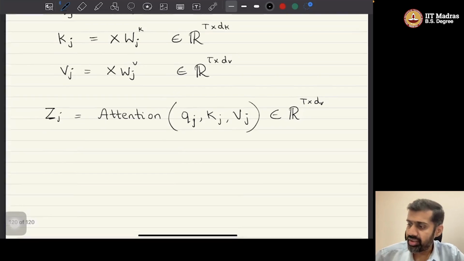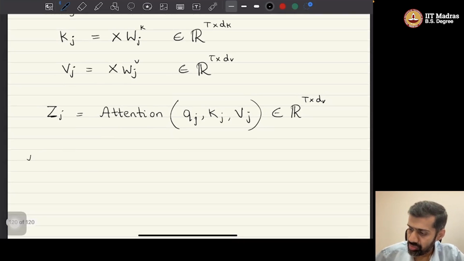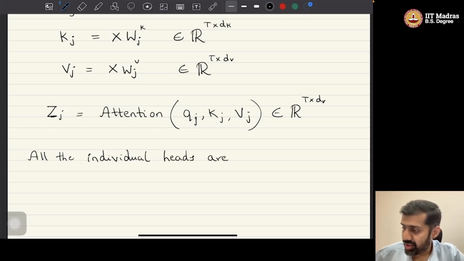Now in the end, all the individual attention heads are concatenated this way.